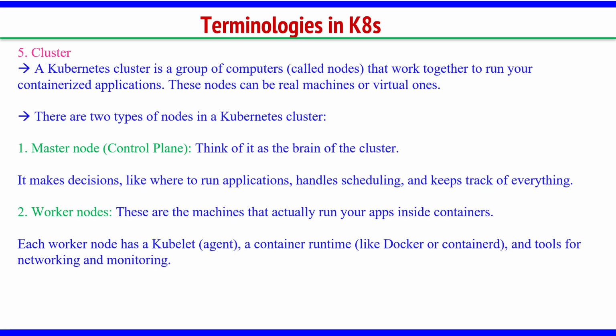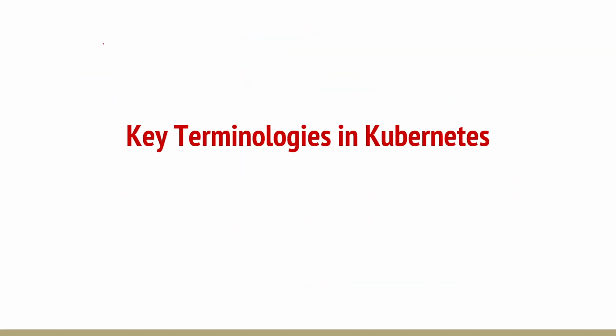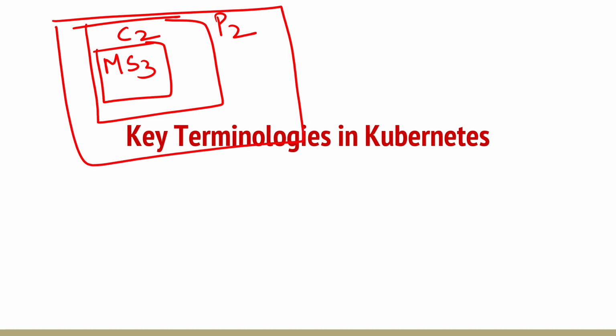The most important one is the cluster, right. So, if you once again understand this cluster, let us say I have one container C1, and I have one microservice 3 kept inside a container C2, and that container is kept inside a pod P2. Okay. This pod is running in virtual machine 7.